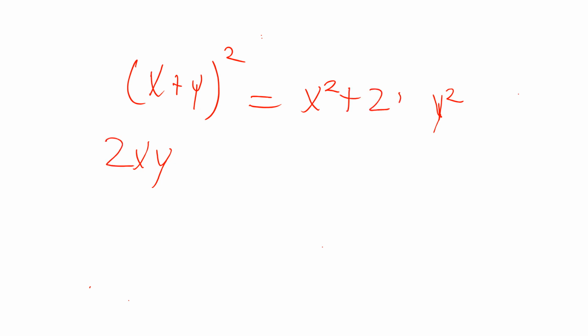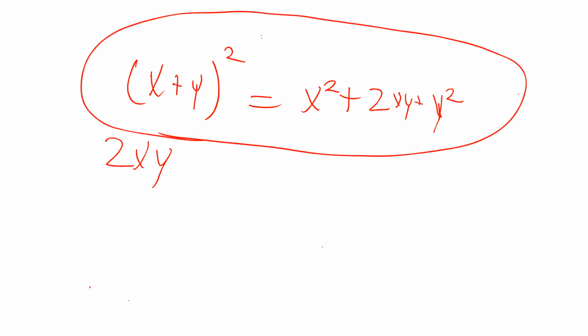So we have x squared plus 2xy plus y squared. So anytime you see a product of binomials, it's easily expandable using this. First term, square it. Last term, square it. The first term squared is the first term in the expanded form.